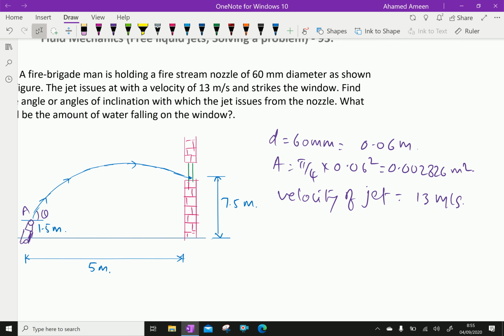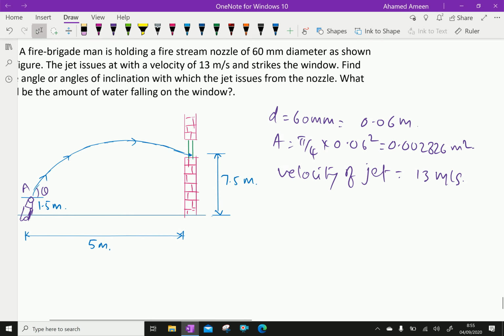Now the horizontal distance x equals 5 meter, and the vertical distance y equals 7.5 minus the nozzle height from the ground, which is 1.5, which equals 6 meter.